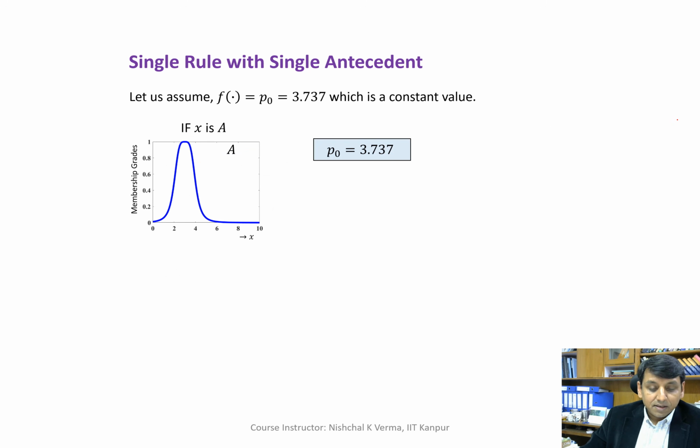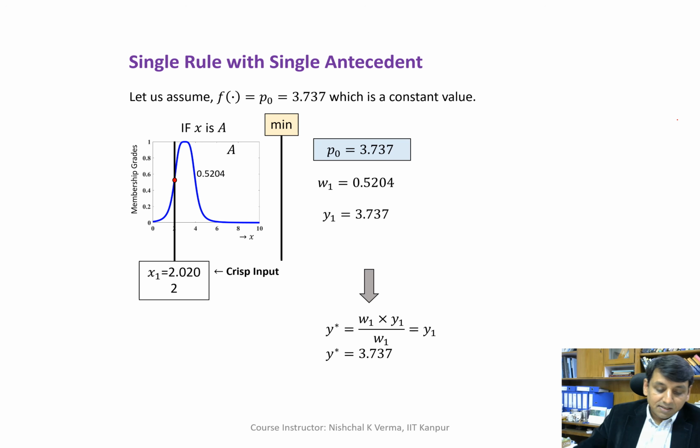So let us move ahead and see how we can get the output computed with respect to the certain input that we feed to the model. Let us assume that we have x1, the input generic variable here, 2.0202.